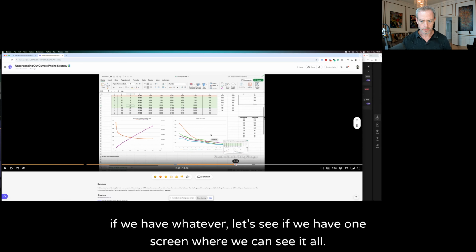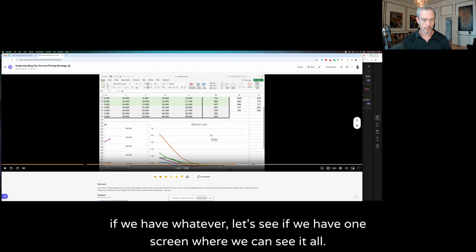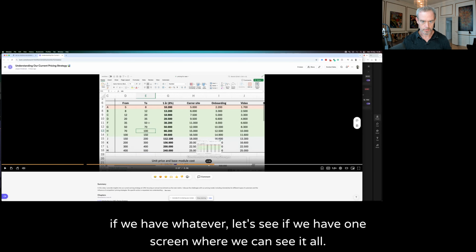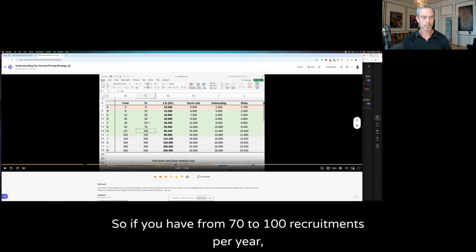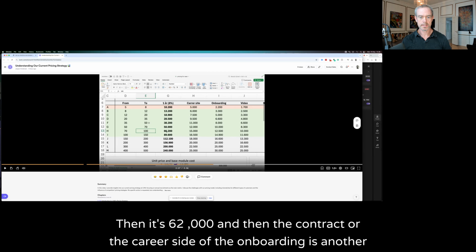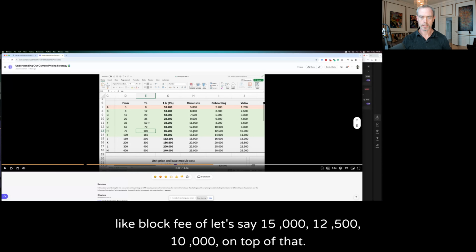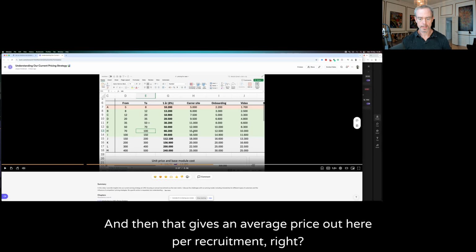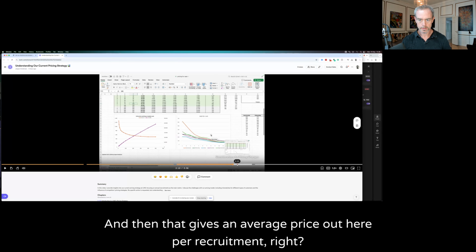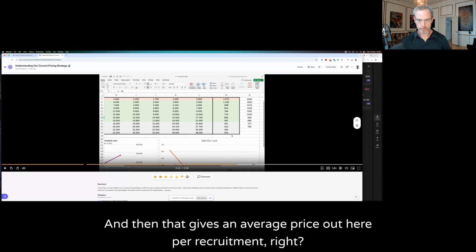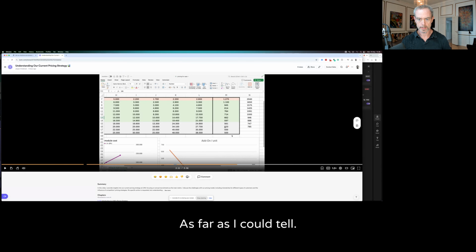If we have from 70 to 100 recruitments per year, then it's 62,000, and then the contract or career side of the onboarding is another block fee of, let's say, 15,000, 12,500, 10,000, whatever on top of that, and that gives an average price per recruitment, right? As far as I could tell.